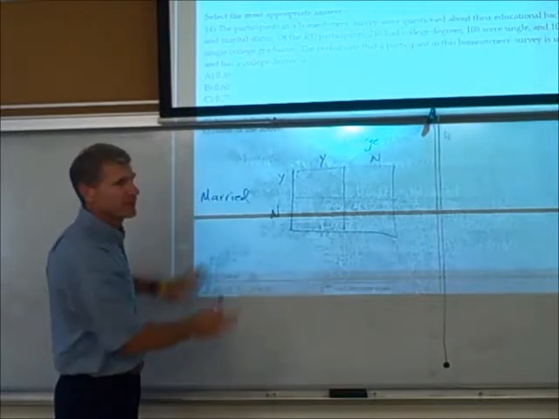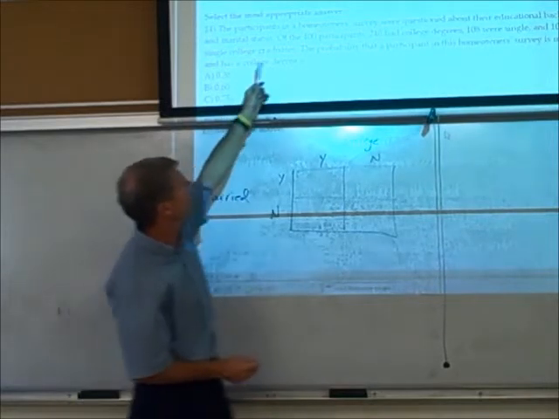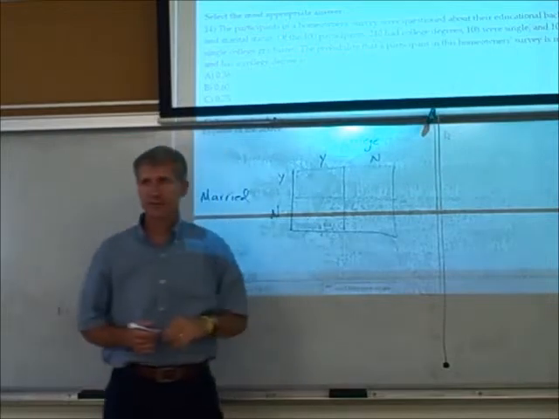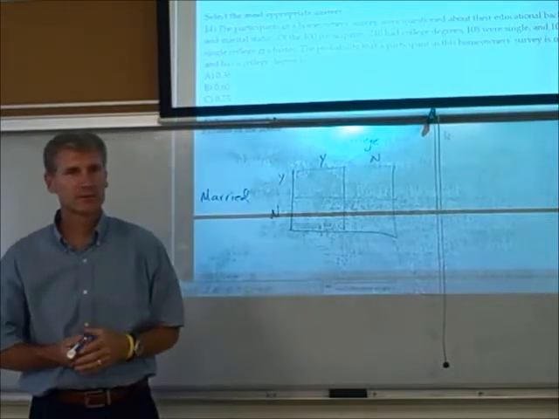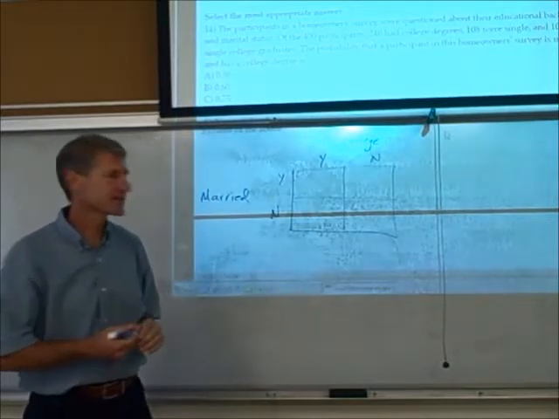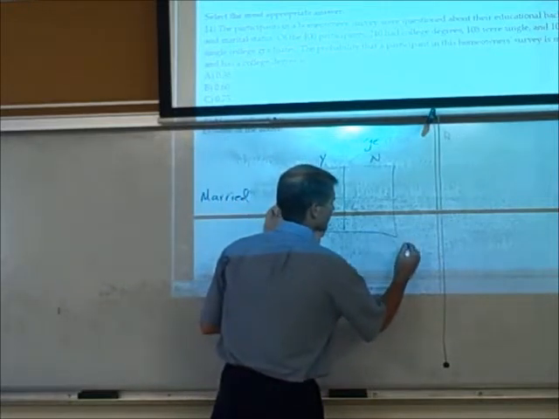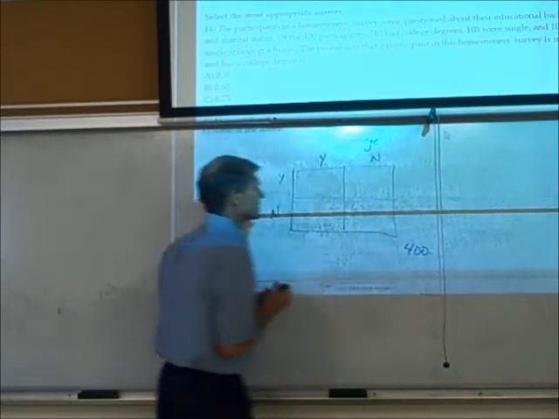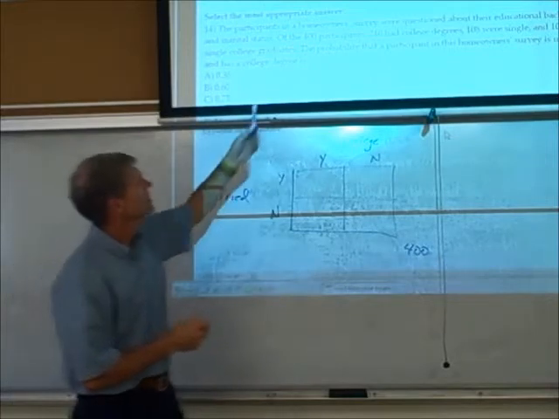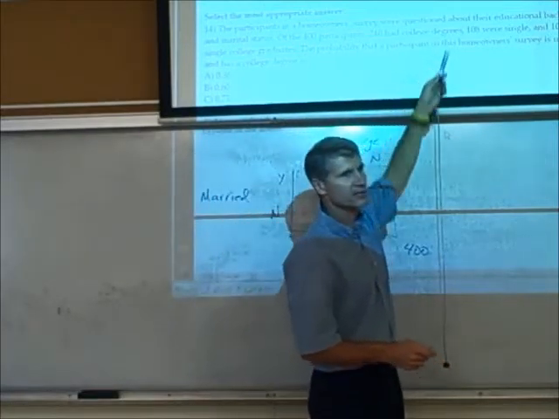Okay, so now we just start filling in numbers. Of the 400 participants, now where does the 400 go? That's the grand total down here in the corner. Next thing it says, 240 had college degrees.